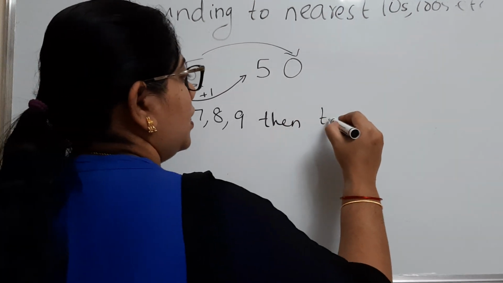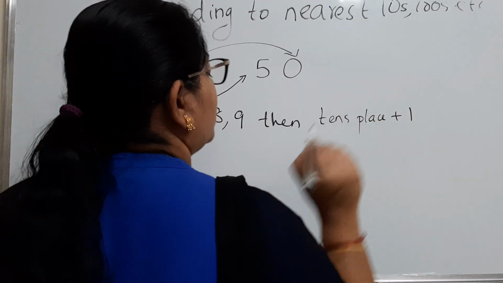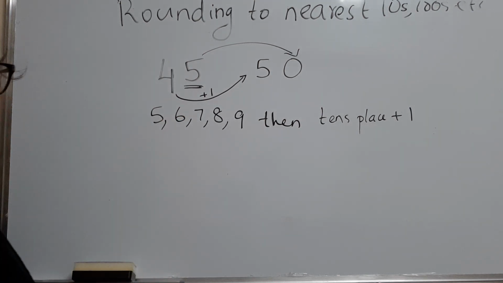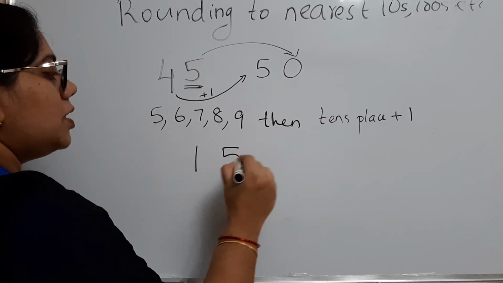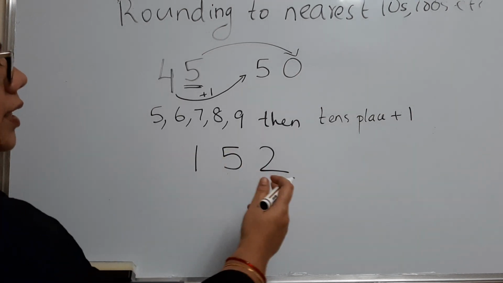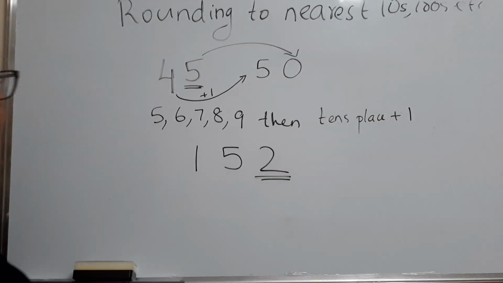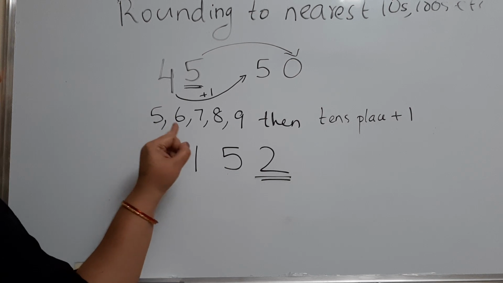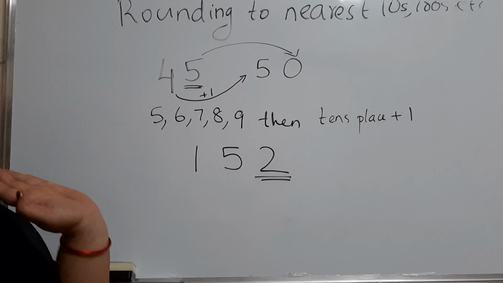So the tens place plus 1 you want to do. One more example I will take and you will understand more. If the number is 152, rounding to the nearest tens, you want to check the ones place. Here the ones place is not 5, 6, 7, 8 or 9. That is, it is not 5 or greater than 5.